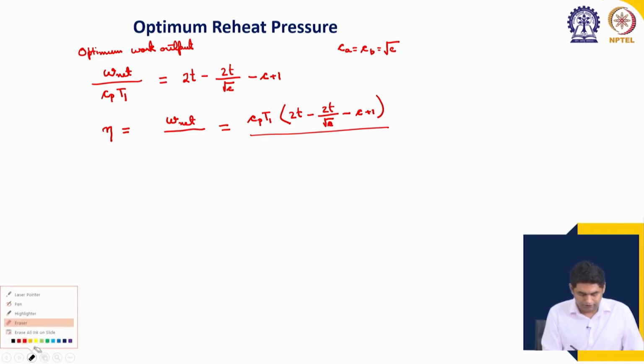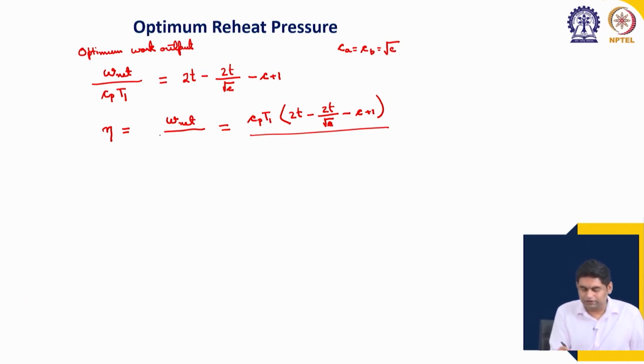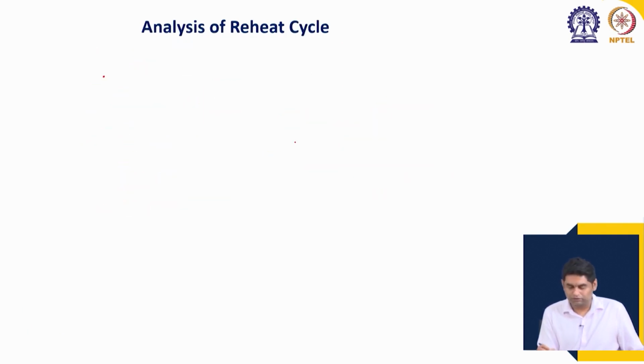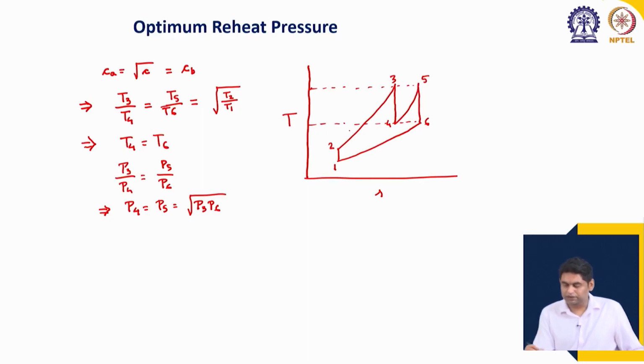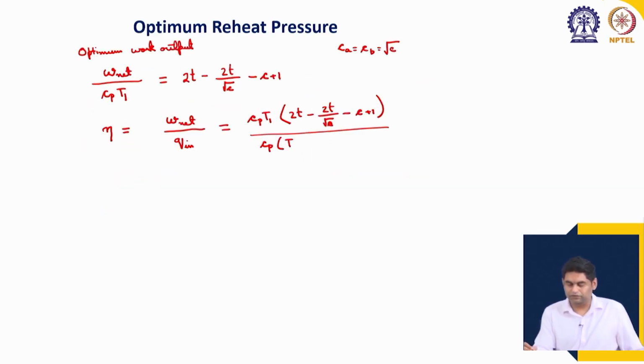What is the heat addition? There are now two heat addition processes, okay, Q in. So, these are equal to Cp, let us go back to the cycle, T 3 minus T 2 and T 5 minus T 4, okay. Cp T 3 minus T 2 plus Cp T 5 minus T 4.